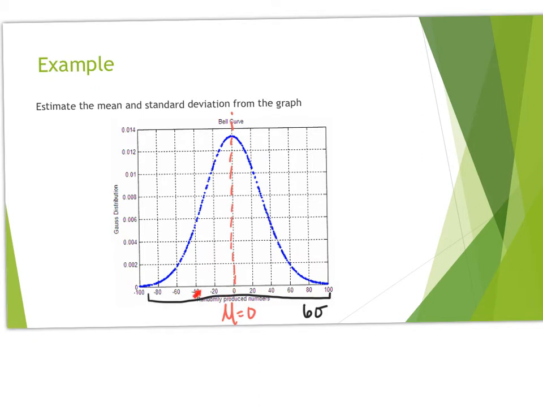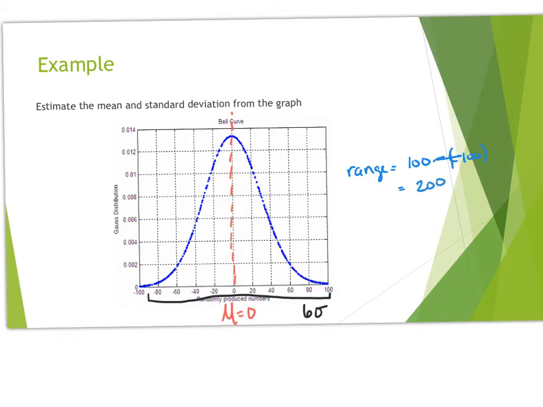Well, from the middle to the left, from 0 to negative 100 is a range of 100. And then from 0 to a positive 100 is a range of 100. So our total range, or you can do 100 minus a negative 100, 100 plus 100, that's equal to 200.